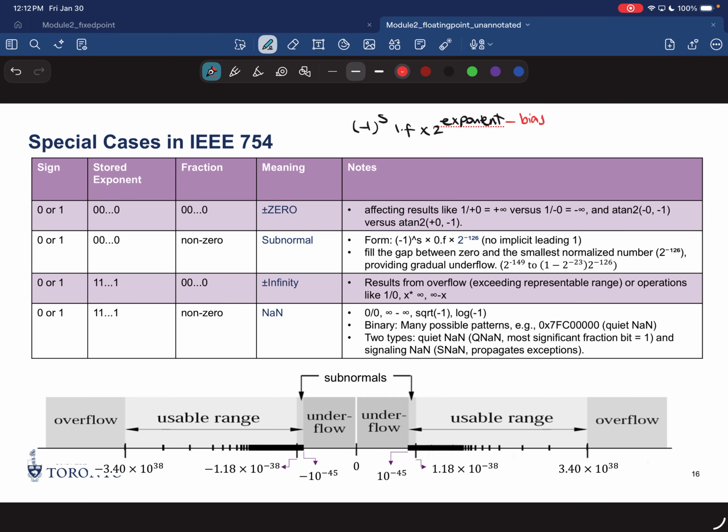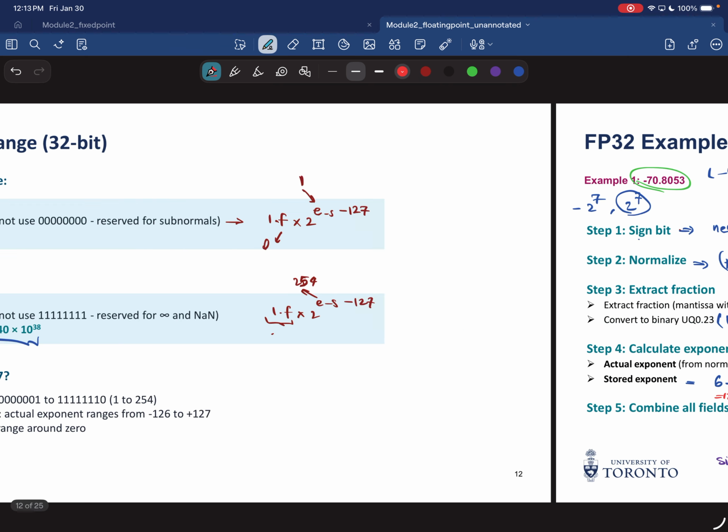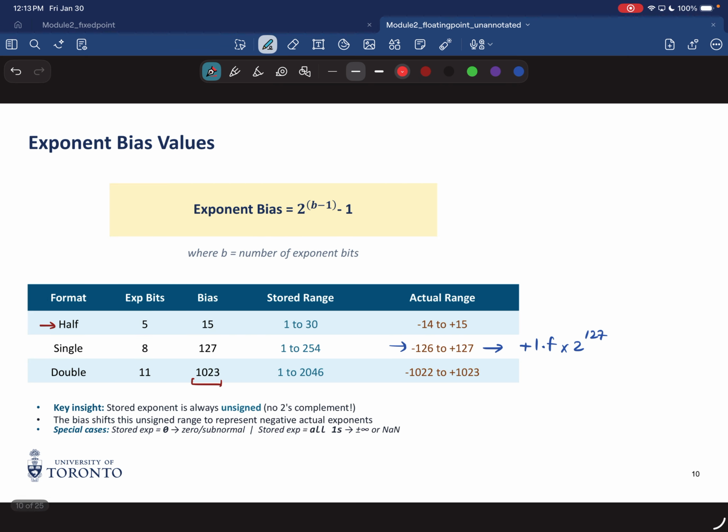The other special case is subnormal. Okay. Remember we said, let me just go back to it 1 second. When we were showing you the actual range of exponents, we said it starts from 1 and ends at 254, right? Here, the stored one goes from 1 to 254, right?